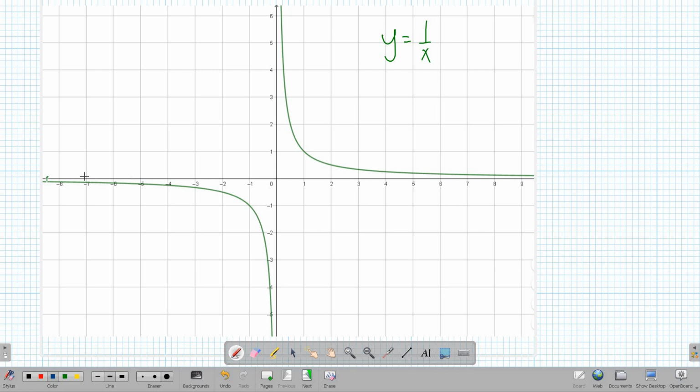As our x values get closer and closer to 0, the f of x values actually go down. Maybe I'll use the red color here. For example, this point here is very close to 0, but its y value is actually here. Another one, let's pick this point, which is a bit closer.